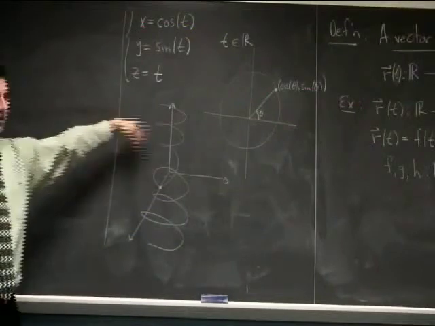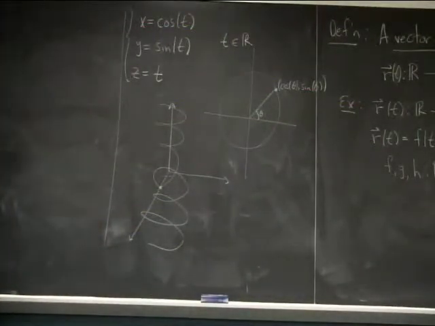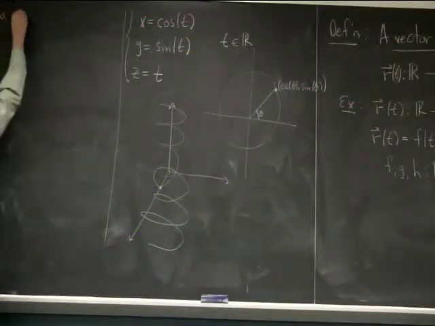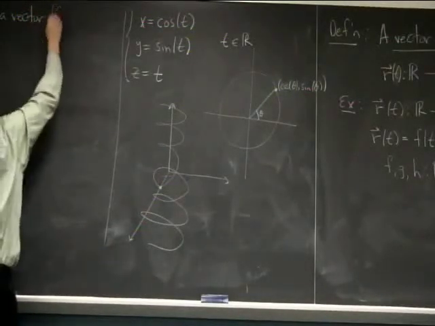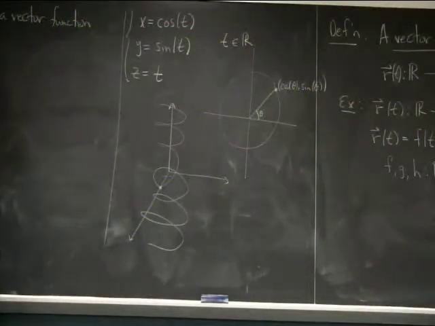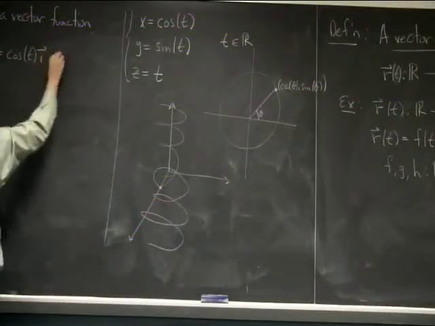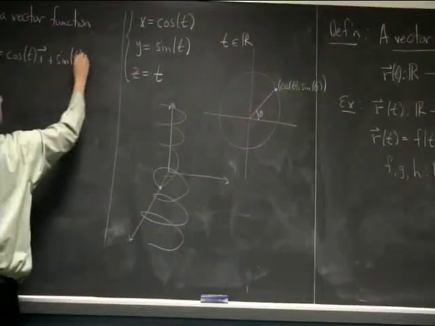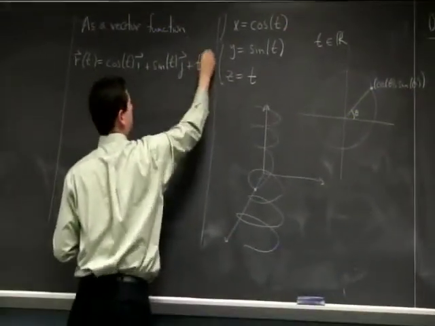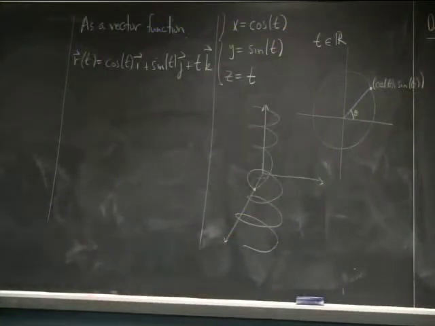But we could actually view this as a vector function. So as a vector function, you get r of t equals cosine of t i plus sine of t j plus t k. So you can just put it into one equation.